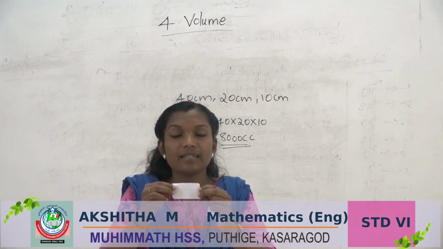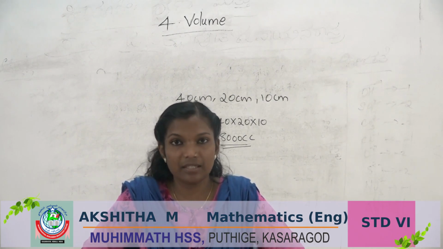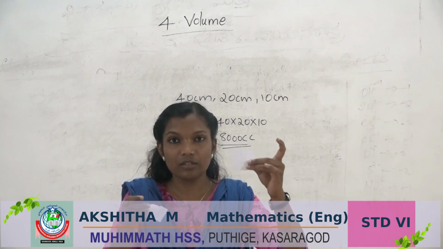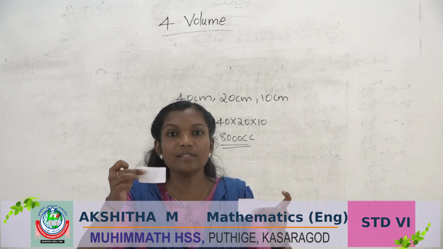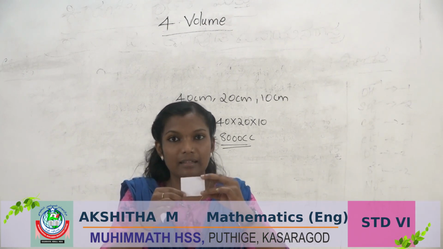So its area is 28 square centimeter. So which is bigger? This is 30 square centimeter and this one 28 square centimeter. So this is the bigger rectangle.